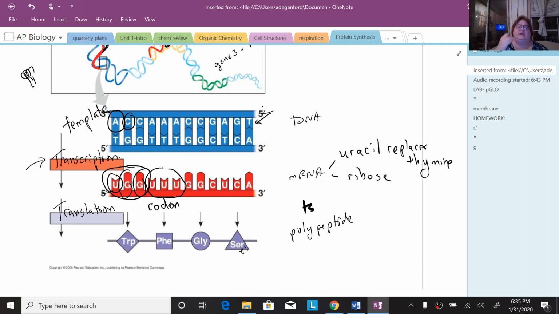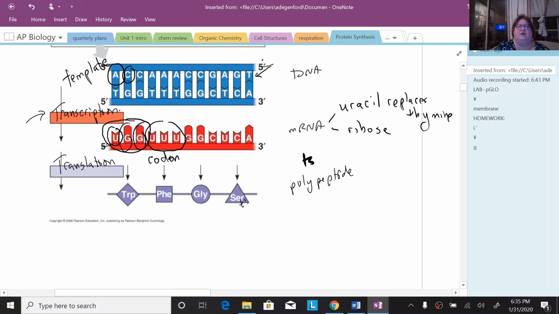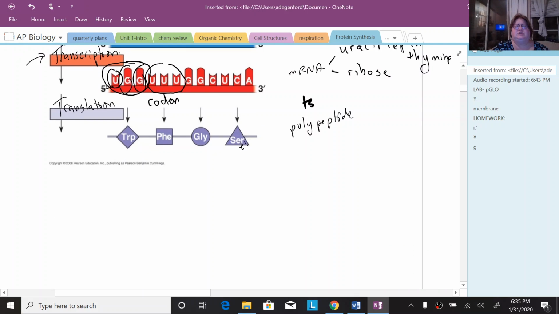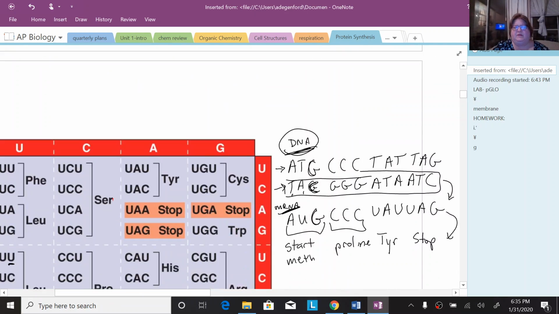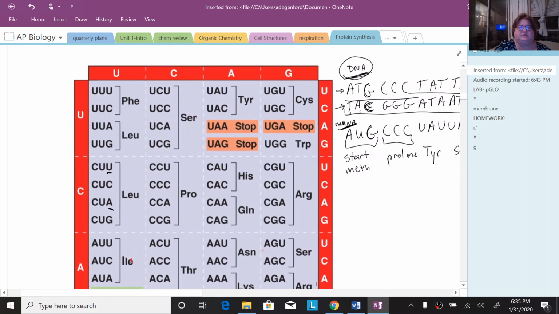And the scientists broke the code throughout the 60s. We were kind of working up the code. It was a very painstaking set of experiments that we'll go over to understand how they did it. It's rather wild, very, very wonderfully done experiments. And so what we probably remember is using this chart.